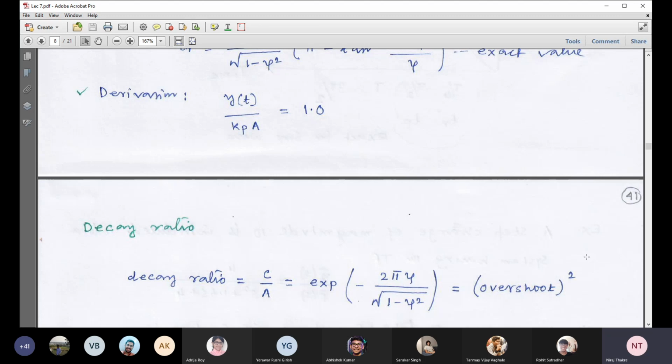So B plus C is basically Y divided by AKP at capital T plus TP. You note down, then I think you can understand.